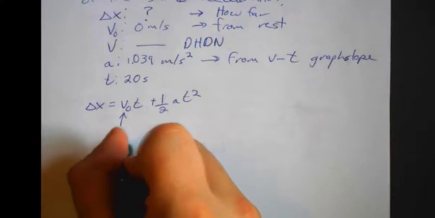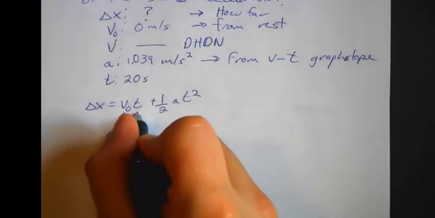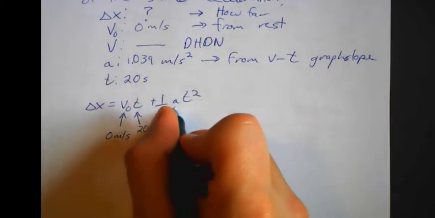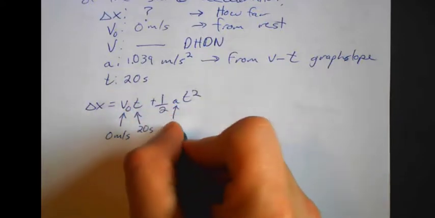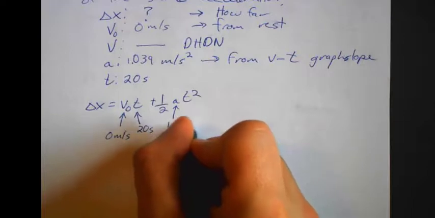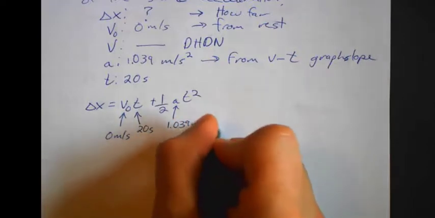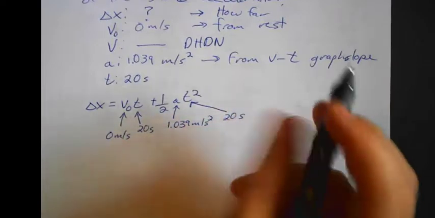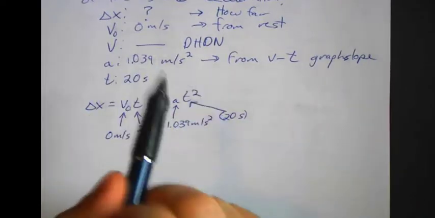We have 0 meters per second. We have a time of 20 seconds. We have an acceleration of 1.039 meters per second squared. And we have a time of 20 seconds. I'm going to put it in parentheses so you remember to do something with it.